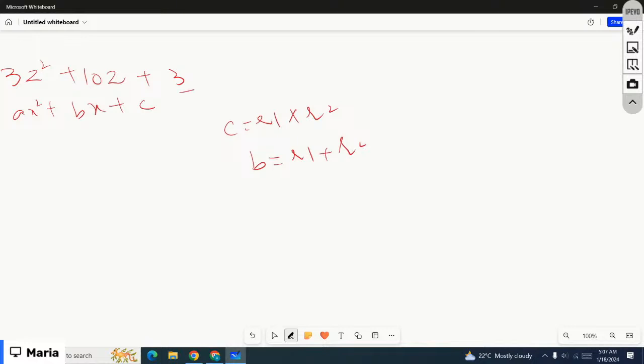You have to multiply a and c, that is 3 times 3 equals 9, and b is 10. So you need to find two numbers whose product is 9 and whose sum is 10. That is 9 and 1, right? You can see 9 plus 1 is 10 and 9 times 1 is 9.